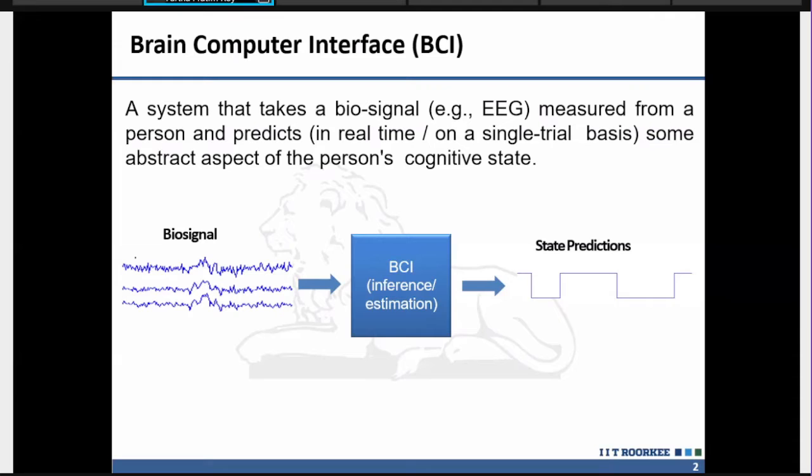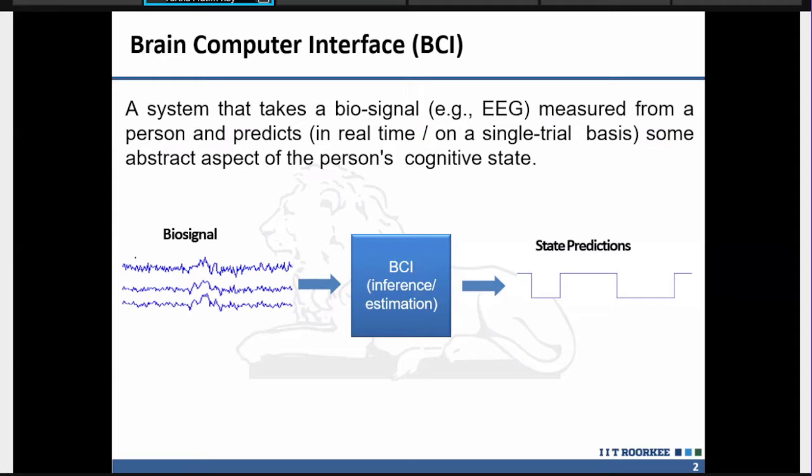If someone goes through an ECG, there are several electrodes which record those ECG signals, and then the doctor sees those signals and interprets what the disease of the patient is, and what the severity could be, whether it is high risk or low risk.